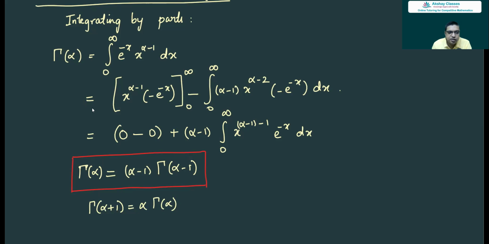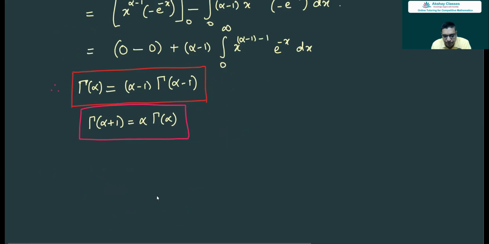So instead of taking gamma of alpha, if we take gamma of alpha plus 1 and do integration by parts, again we get this particular result. So it is a reduction formula, and by reducing this, we can evaluate the gamma function for various values. So now let us see that.